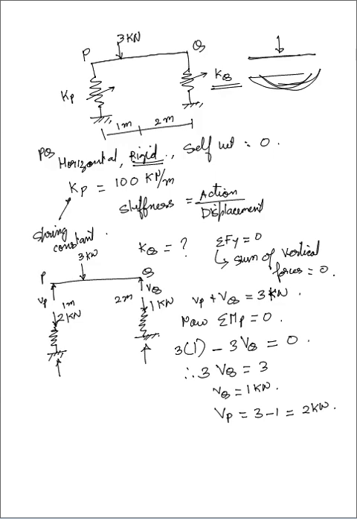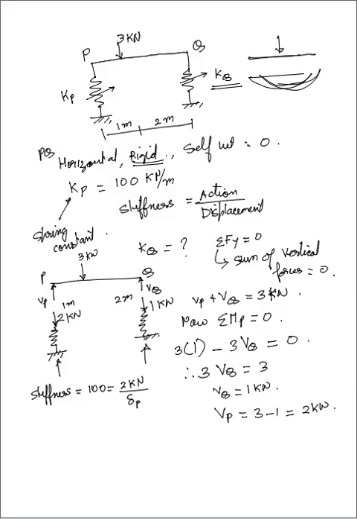For this P spring, stiffness Kp, that is 100 kilonewton per meter, is equal to action upon displacement. So how much force is there? 2 kilonewton divided by the displacement, that is deflection. Let's write delta P.